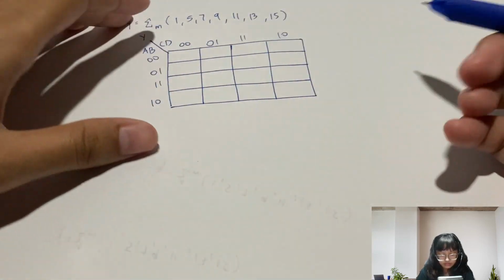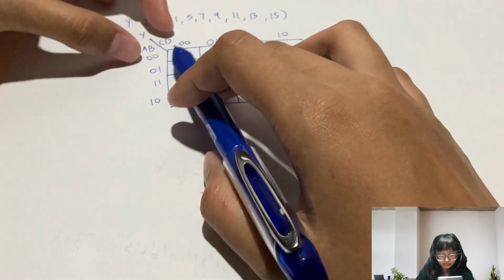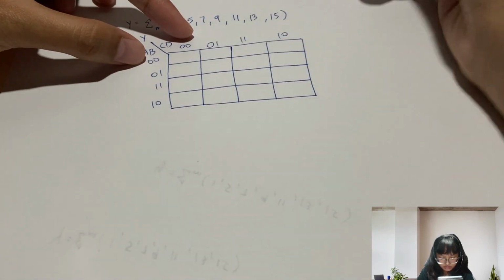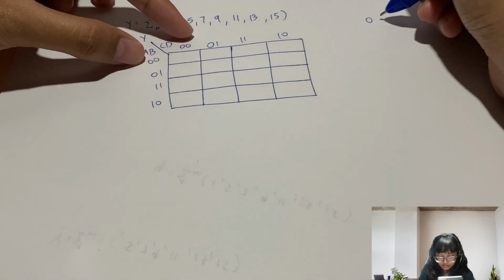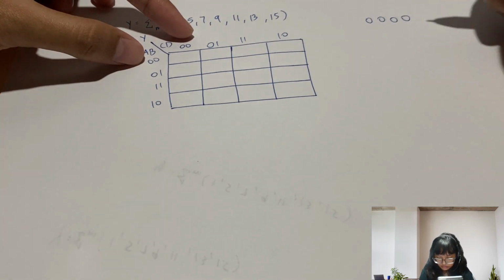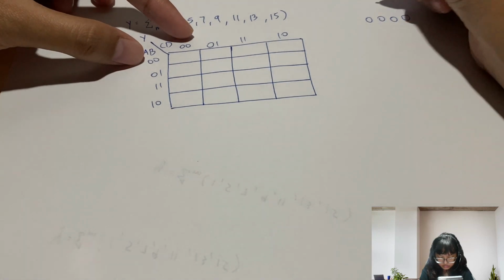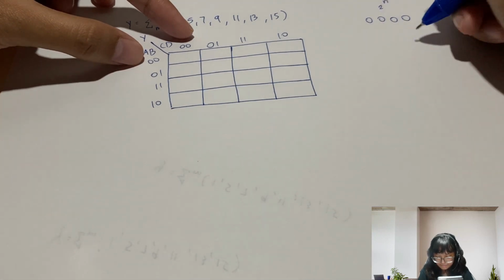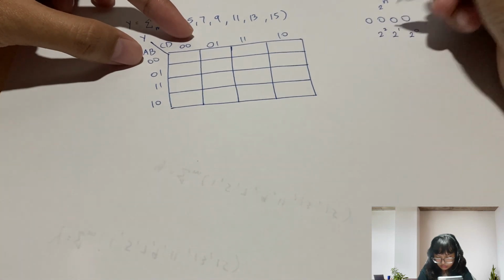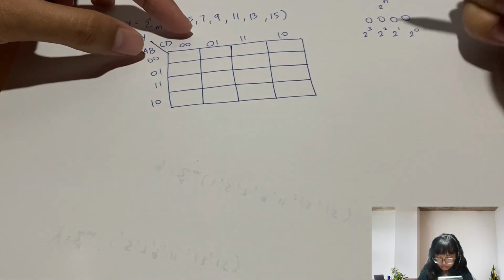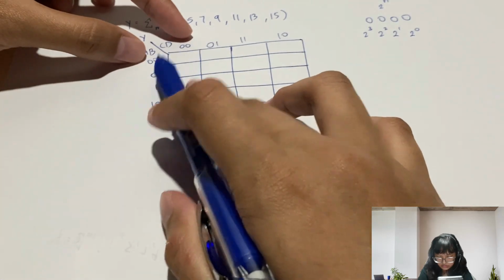Lalagyan natin ng min term. So, dito sa 0, 0, tandaan nyo pa yung shortcut na 2 raised to n. So, dito, 2 raised to 0, 2 raised to 1, 2 raised to 2, tas 2 raised to 3.